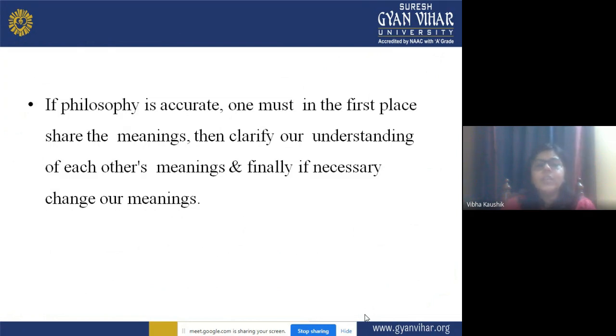If a philosophy is to be accurate, one must, in the first place, share the meaning. Then clarify our understanding, which means first they will share the meaning, then they clarify how we have understood that particular thing.